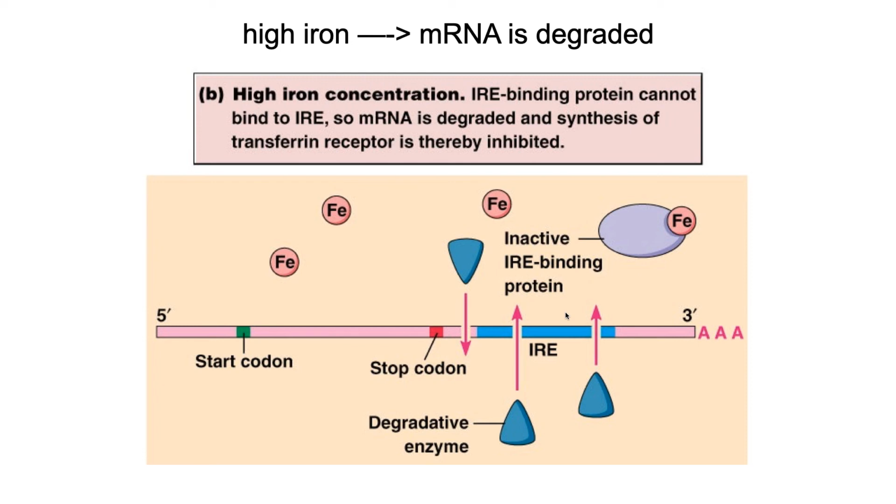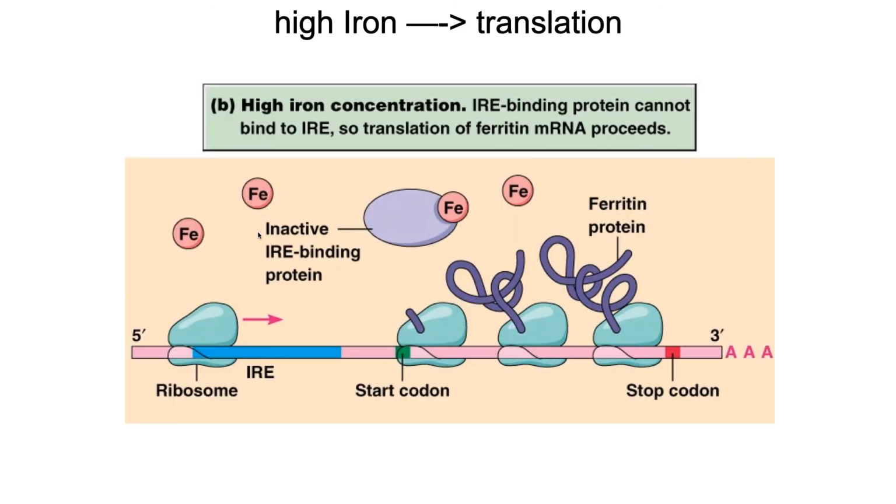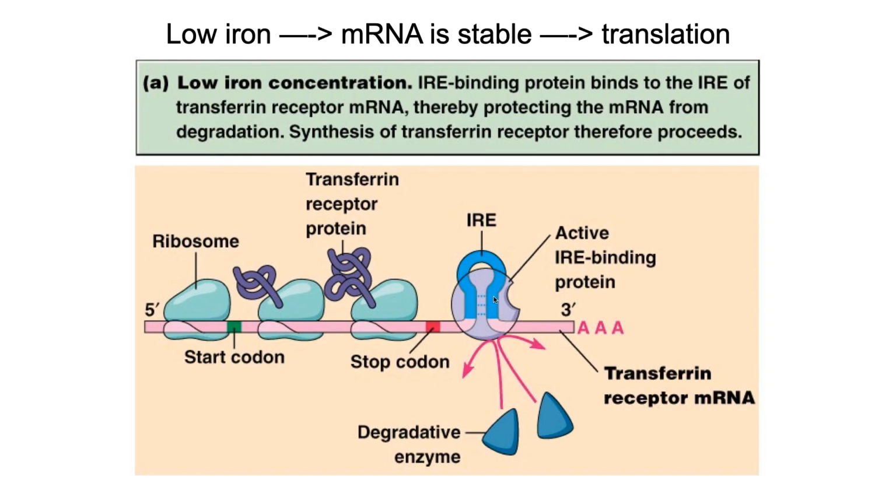So this is a great example for a couple of reasons. Number one, it tells us why 5' UTRs exist. What can be important about them? Why 3' UTRs exist? What can be important about them?